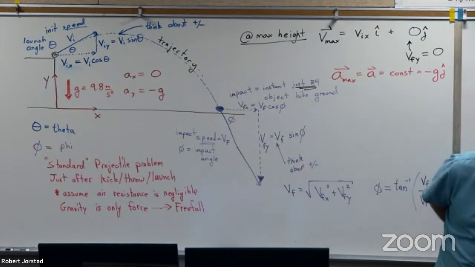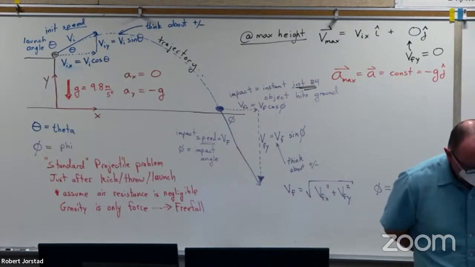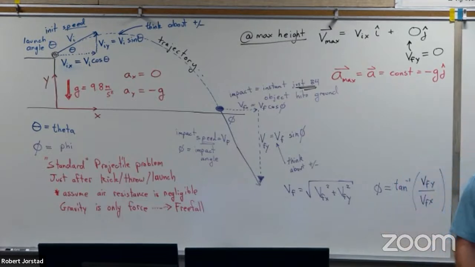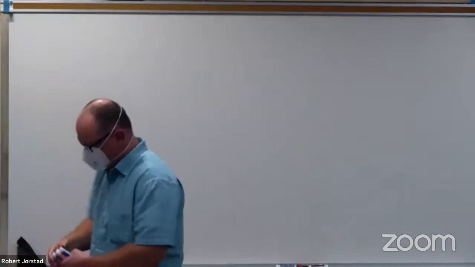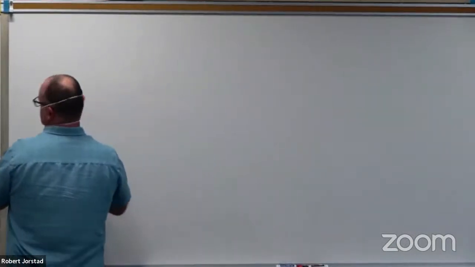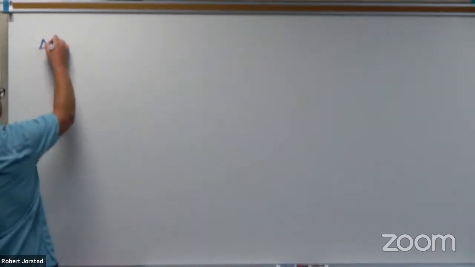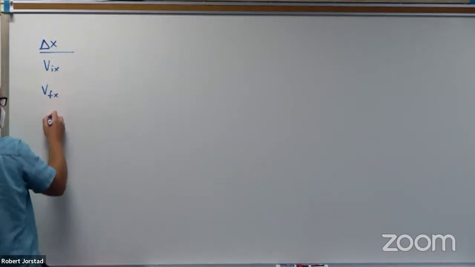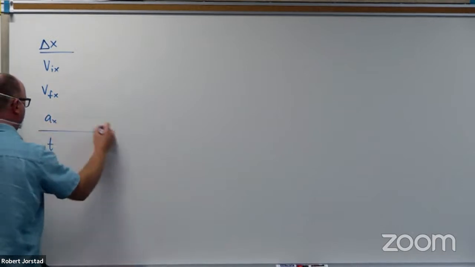All right. What else do we got? One more thing. Let's do this. Now, you could imagine we're going to write some equations that look like delta x, v initial x, v final x, a sub x, t.